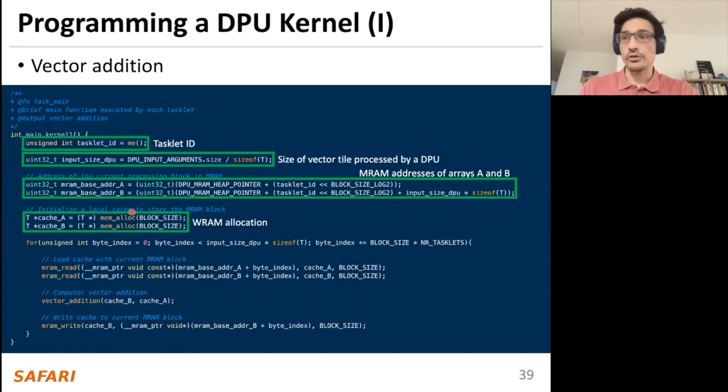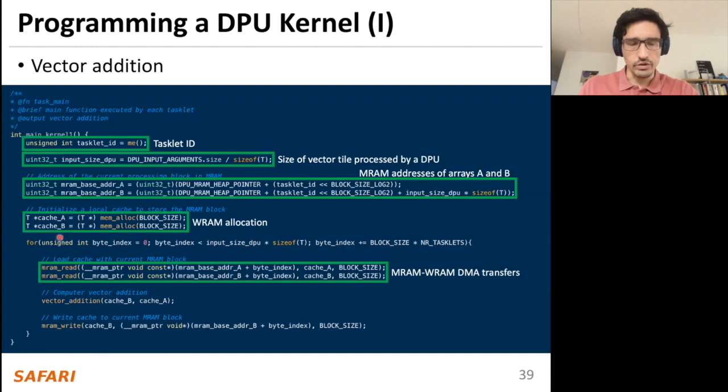So the amount of space that each of the tasklets can allocate is constrained by the maximum WRAM size that we have. Because this WRAM is shared, it's also possible for different tasklets to access a certain WRAM area that might have been allocated by another tasklet.